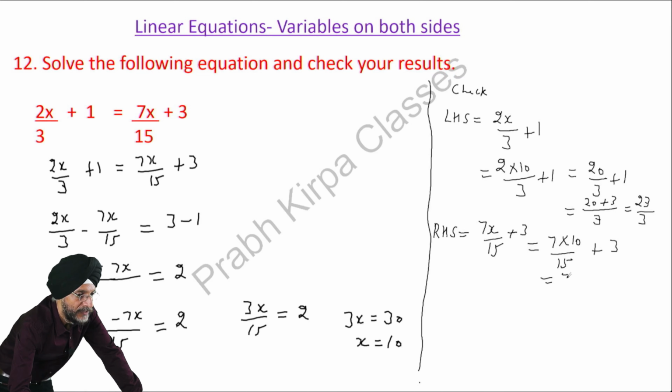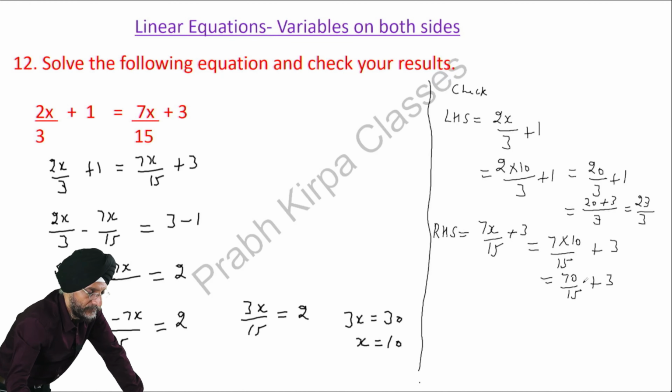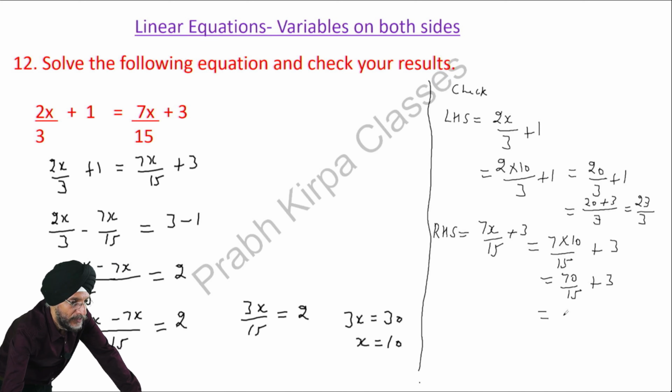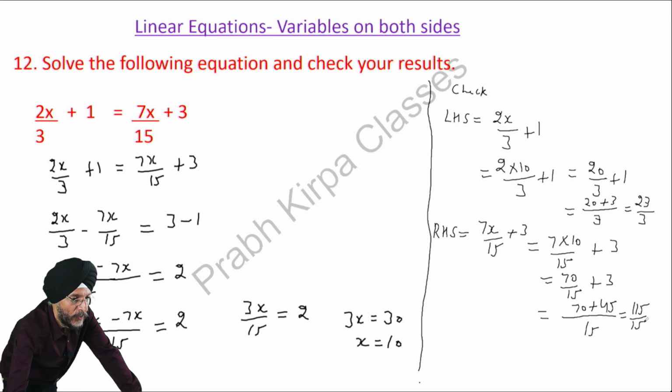It becomes 70 over 15 plus 3. Let us take it, 70 plus 15 into 3, it becomes 45. It becomes 115 over 15.